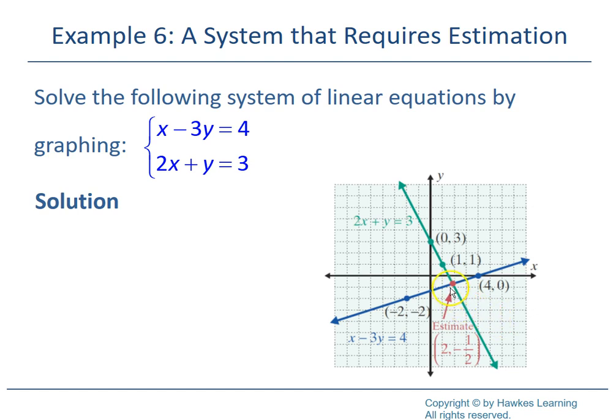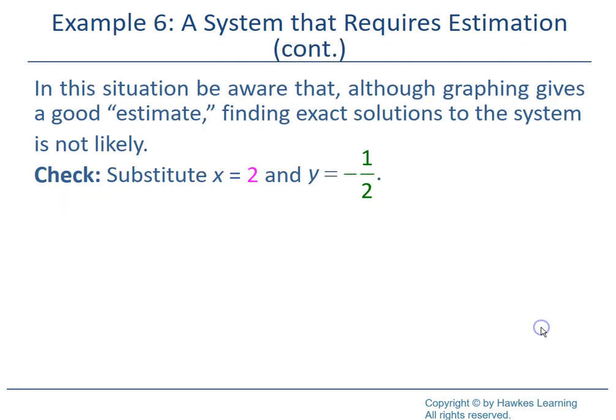And then as we go to plot them, they're not on a grid line. So they're estimating it to be 2 and a negative 1/2. Well, then what do you do? You put these values in there and see if they make the statement true. So when I looked at that, it didn't look like a negative 1/2.